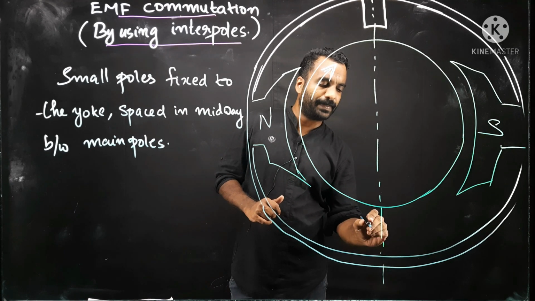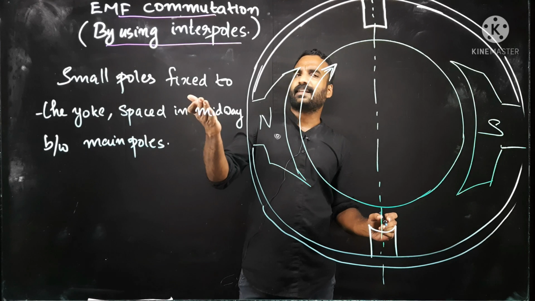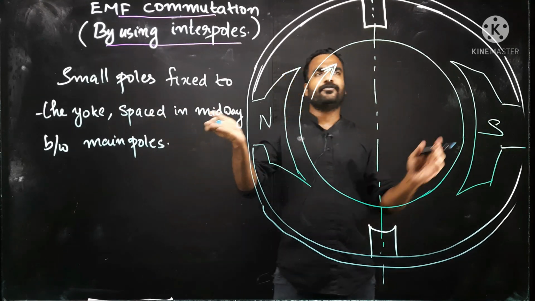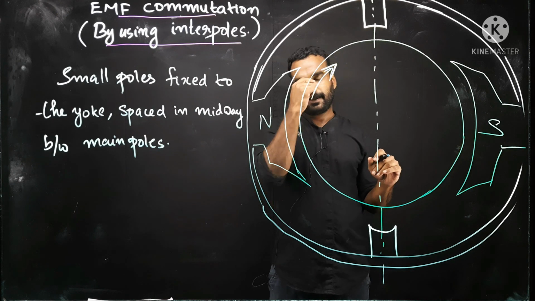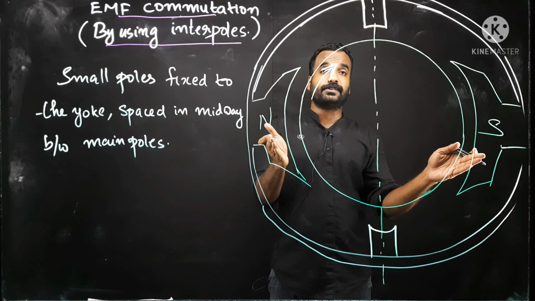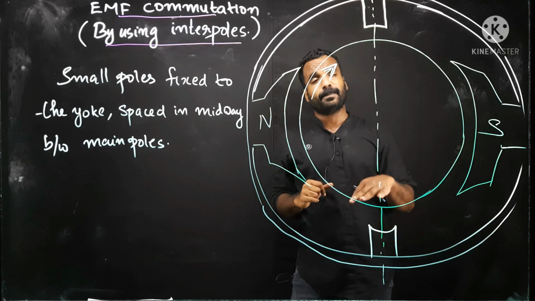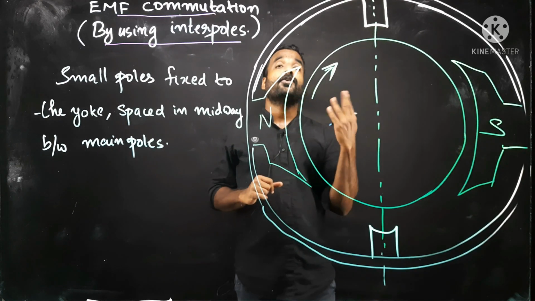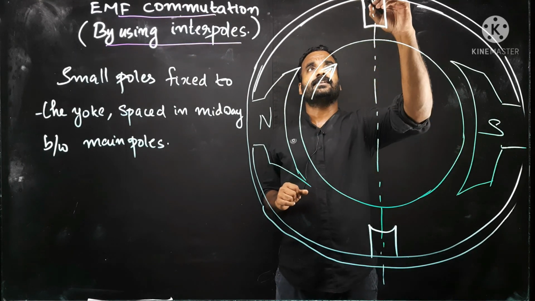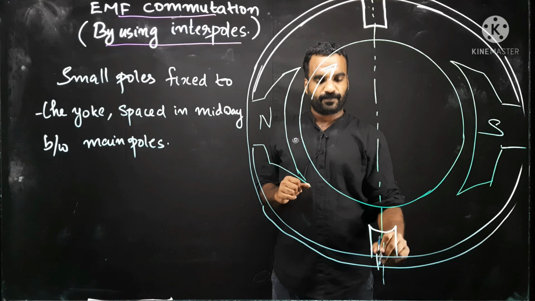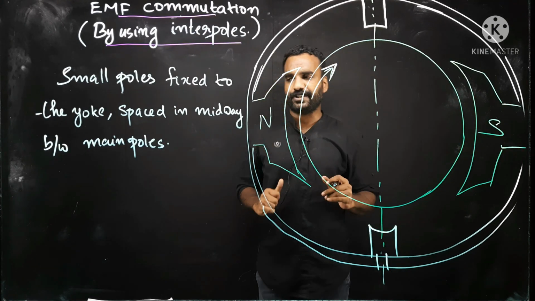So you are spacing the interpoles on the neutral axis, or you can say spaced midway between the main poles. As it is a two pole system, you should also have two interpoles. If it is a four main pole system, you will get four interpoles like that. So you place the interpoles and fix them to the yoke. This is the definition about the position.